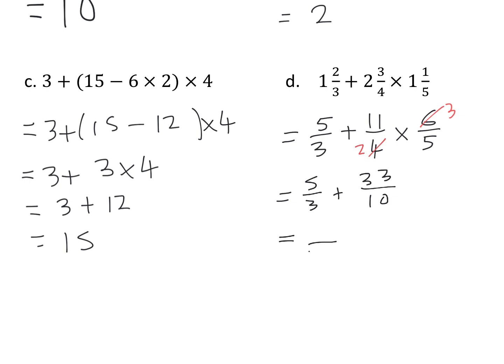Common denominator then would be 30 for adding. And then to change thirds into 30ths, we times by 10, so 50. And 10 into 30ths again, we times by 3, so that would be 99. So we've got 50 plus 99, which should be 149 out of 30.